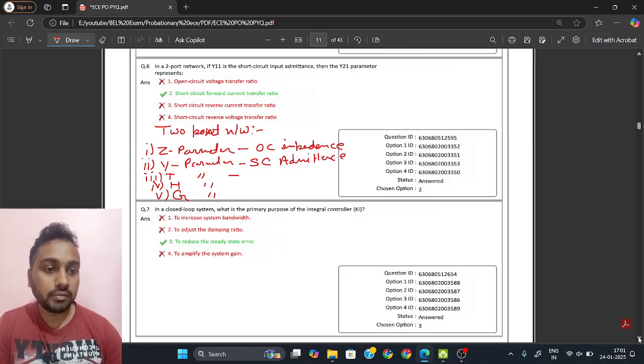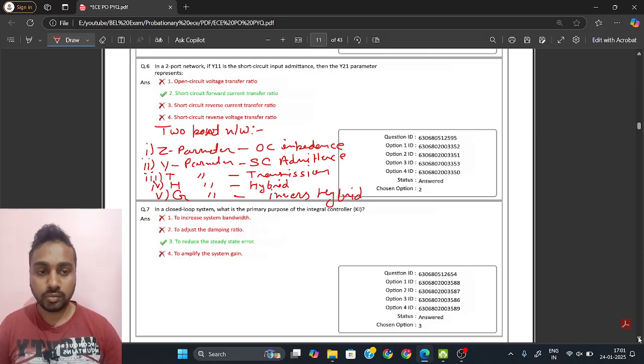Okay, T parameter means transmission parameter. H means hybrid parameter, and G is inverse hybrid parameter. Like this, you have to remember the names.